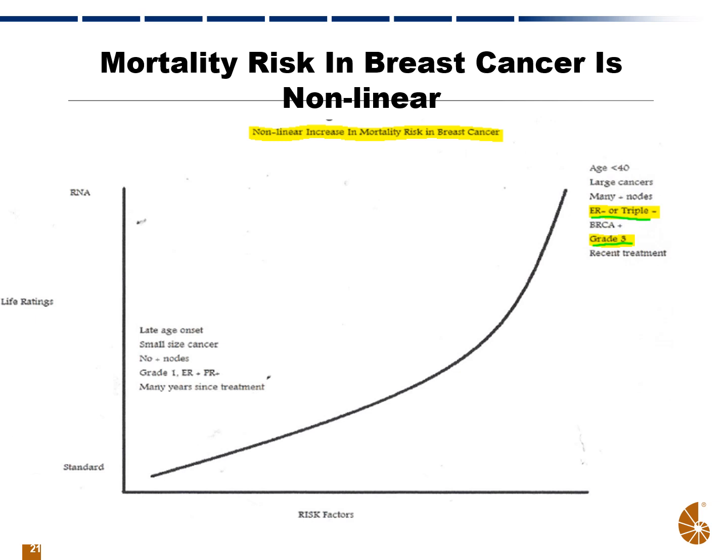Those are things like, up at the top right, a younger age when a woman has breast cancer, larger cancers, many nodes involved, ER negative or triple negative, BRCA mutations being present, grade 3, in other words a poorly differentiated or undifferentiated cancer cell status, and if somebody has just had recent treatment, the risk remains high for a period of time.